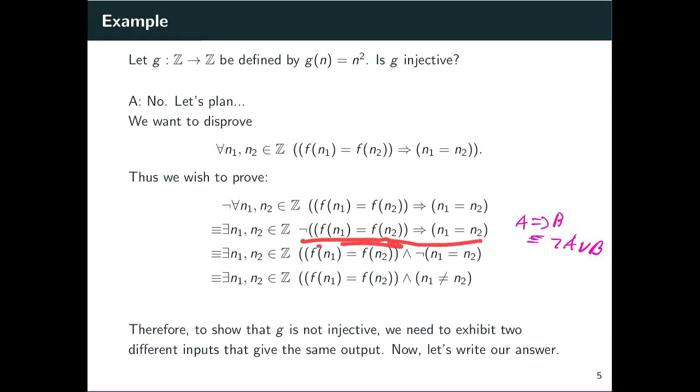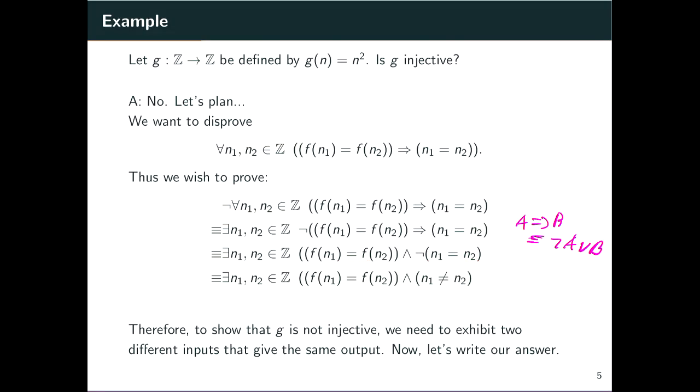We've changed this into not this or this. And then when we take the negation of that, this or becomes an and, and the negation in front of this one disappears, and the negation in front of this one appears.